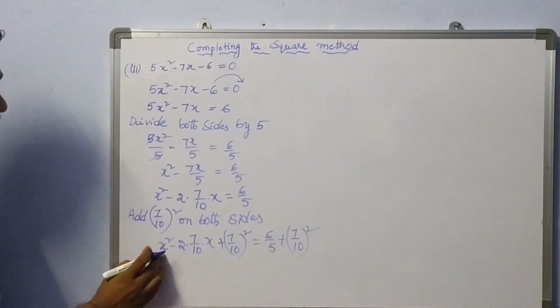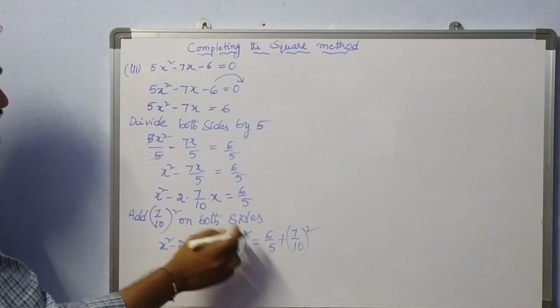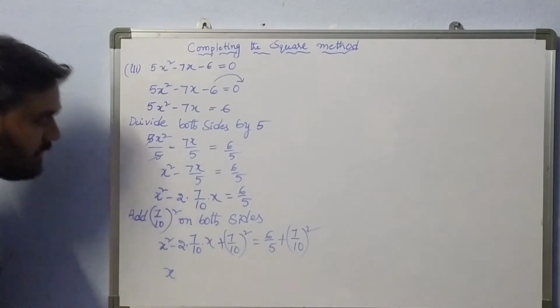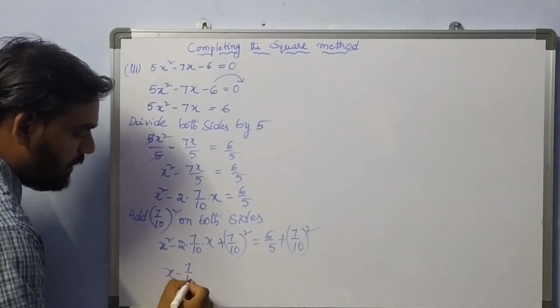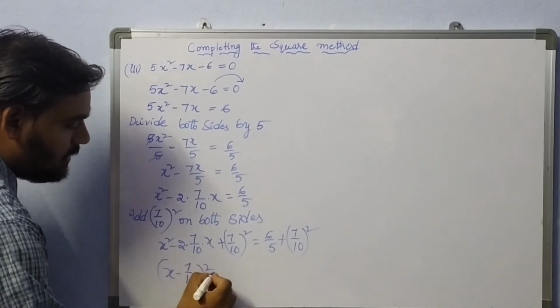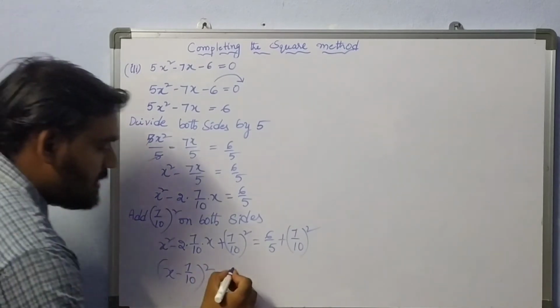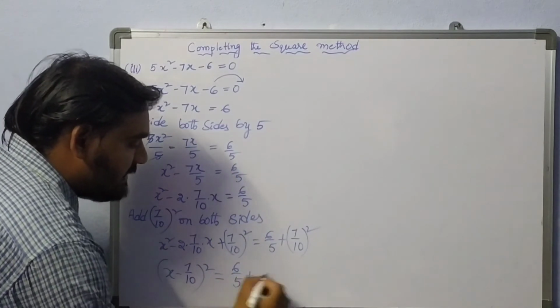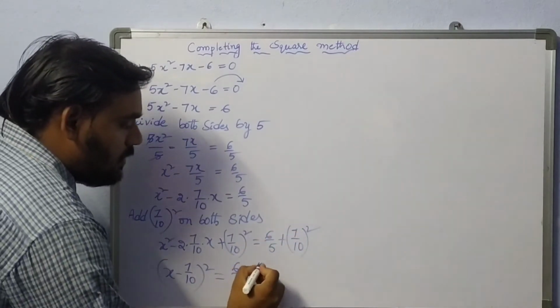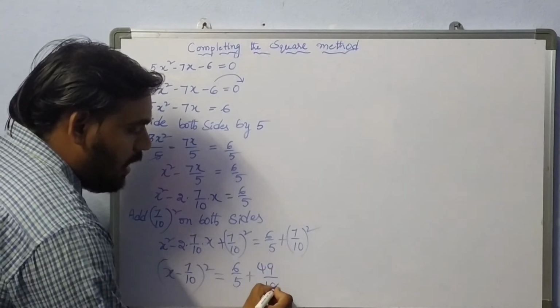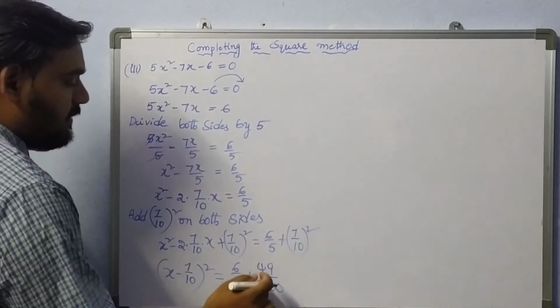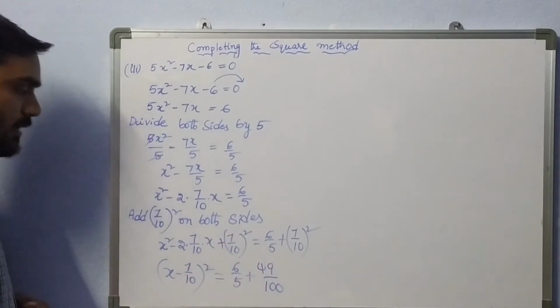Now here a square minus 2ab plus b square, so we will get a minus b whole square. A is nothing but x here. So x minus 7 by 10 whole square is equal to 6 by 5 plus 7 square, 49, by 10 square, that means 100. So 7 by 10 whole square will be 49 by 100.